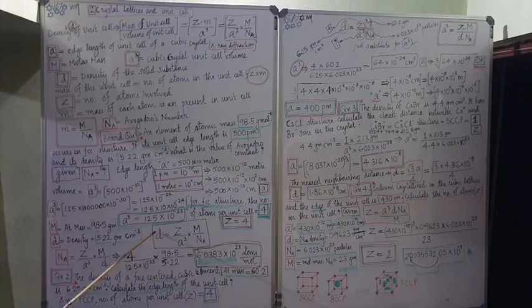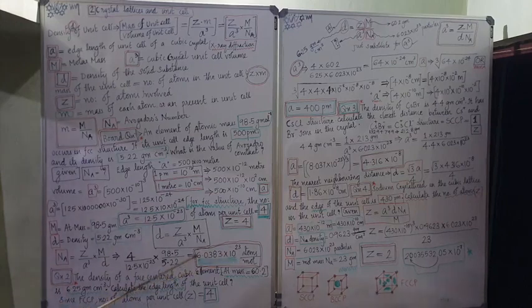Rearranging the equation, NA goes to one side and d to the other. Now substitute: Z is 4, a cube is 12.5 into 10 raised to minus 23, M is 98.5, d is 5.22. Calculating, we get 6.0383 into 10 raised to 23 atoms per mole.